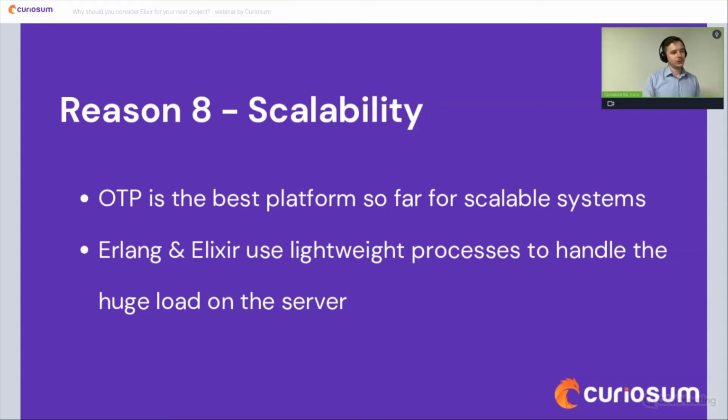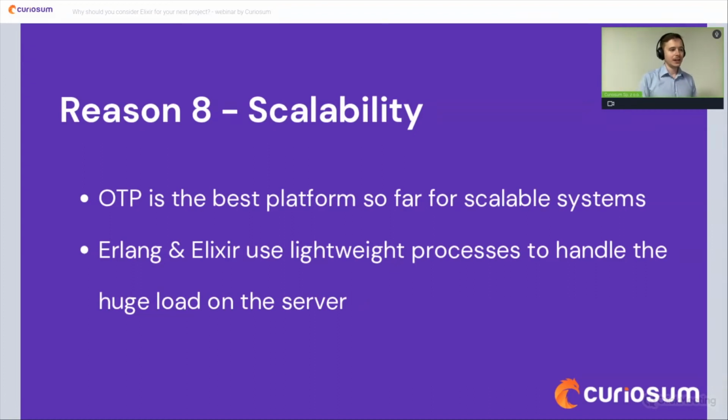And also Erlang and Elixir, of course, use lightweight processes to handle huge load on the server.